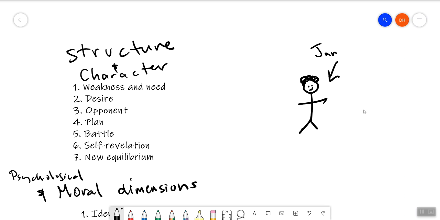Now, like I said, there has to be some fundamental flaw in your main character, something about themselves that requires change. Now, according to the conventions of storytelling, these are the fundamentals. Once again, we want the main character to be oblivious to this particular flaw.